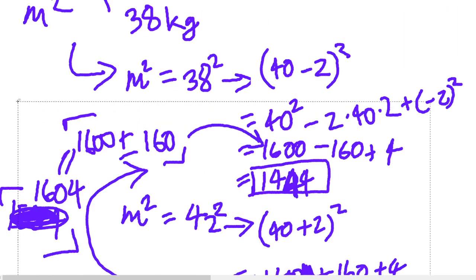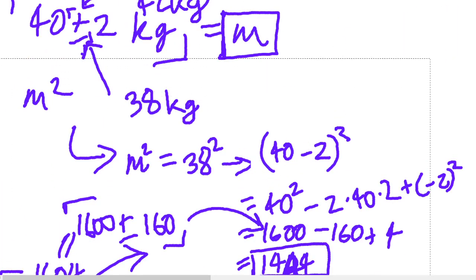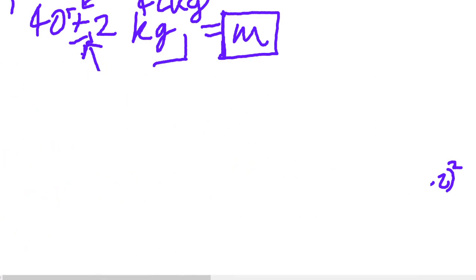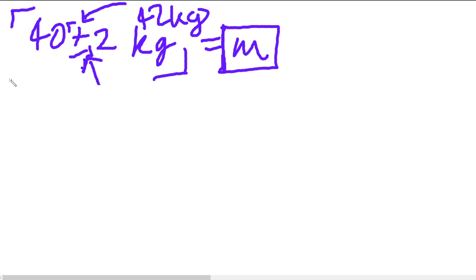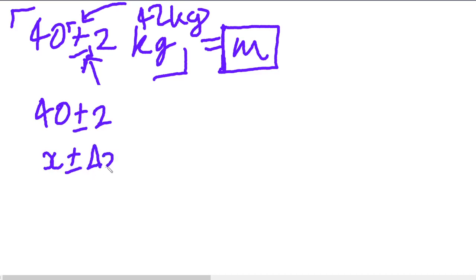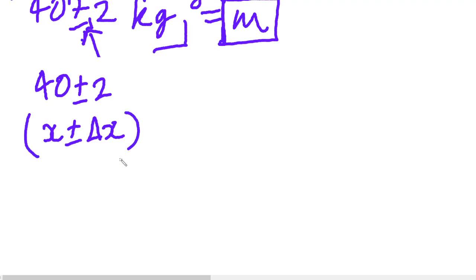So basically, if you have learned the binomial expansion that you would have learned in perhaps year 11 or year 12, then a fun exercise to do here is you have this quantity 40 plus or minus 2, or x plus or minus delta x, let's say, for an arbitrary quantity that we're working with here.